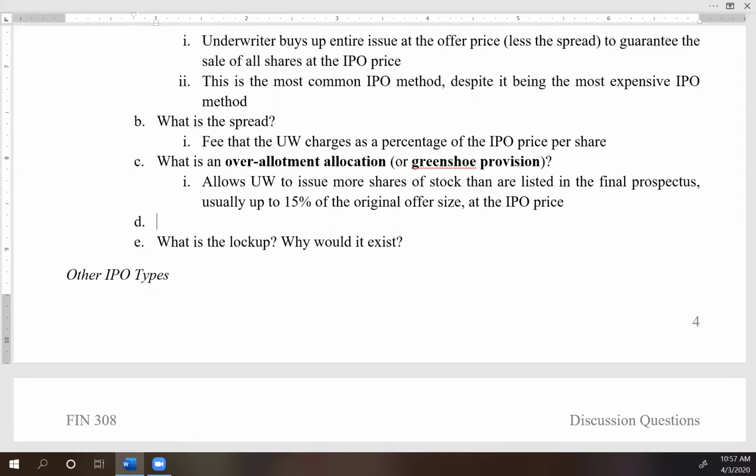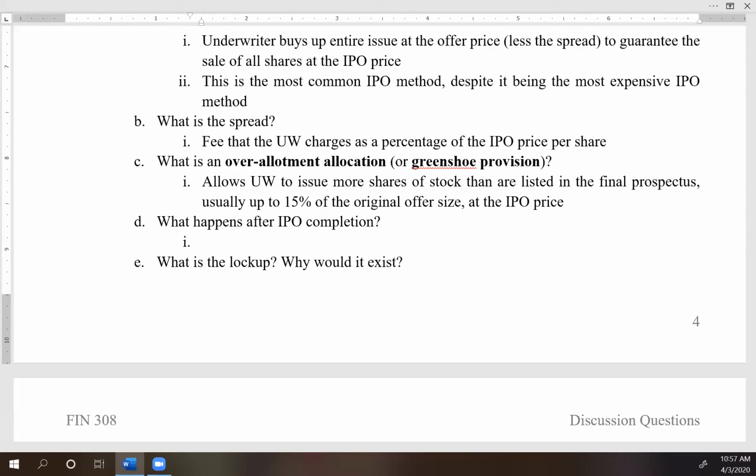We want to know what happens after IPO completion. When the IPO is complete, the issuer's stock trades publicly. Typically what happens originally after the IPO is that the shares are placed with financial institutions who pay the underwriter.